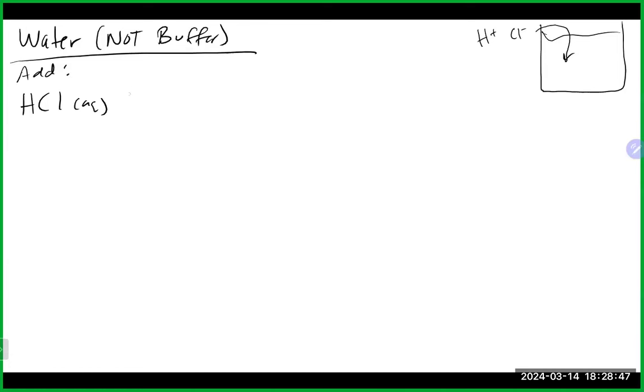Because it's going to 100% break apart into H plus and Cl minus, which means when I do that, I just made a lot of H plus here and a lot of Cl minus. In terms of the pH, what's most important is the amount of H plus that I just made, right?